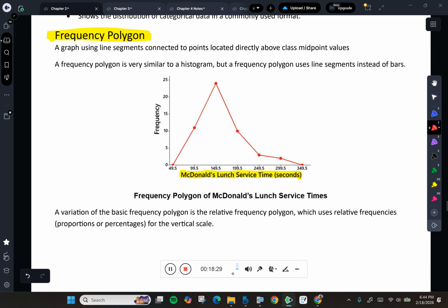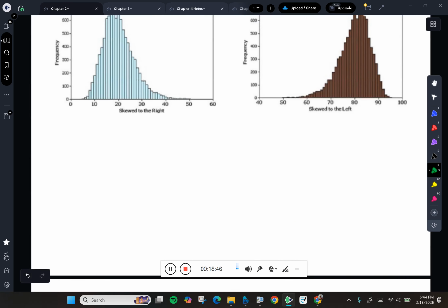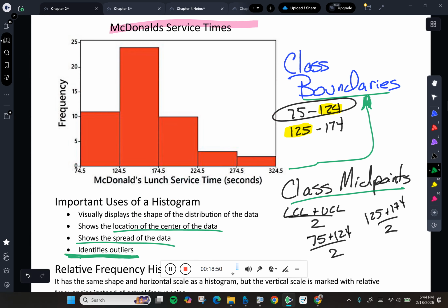The only significant difference is when I did the histogram, I didn't put anything below 99.5, whereas this goes down to the axis at 49.5, and it goes down to the axis at 349.5. Now, if I go back in time to McDonald's, there was nothing below that lowest bar.